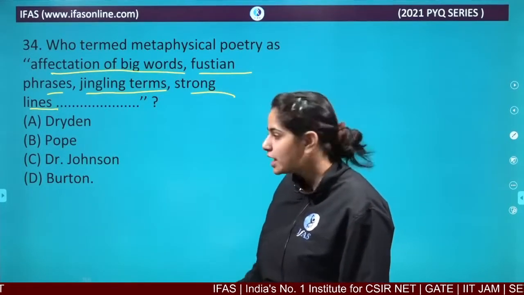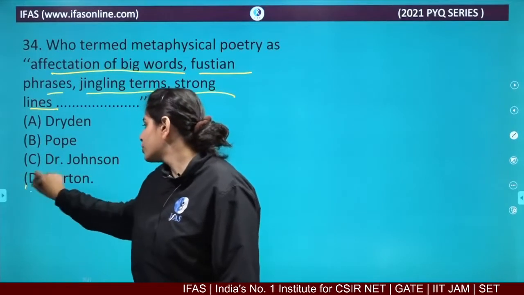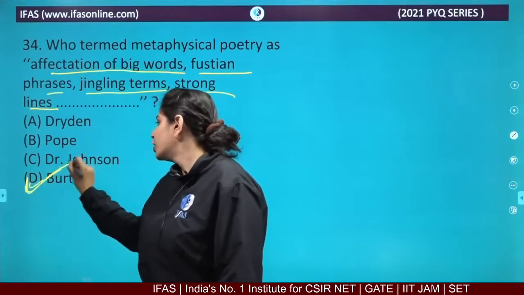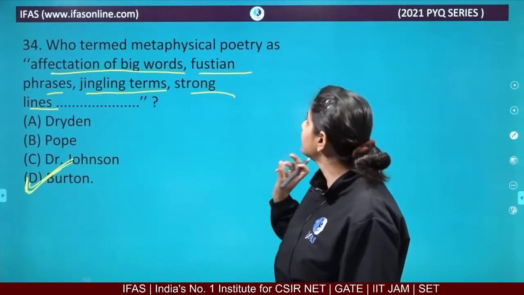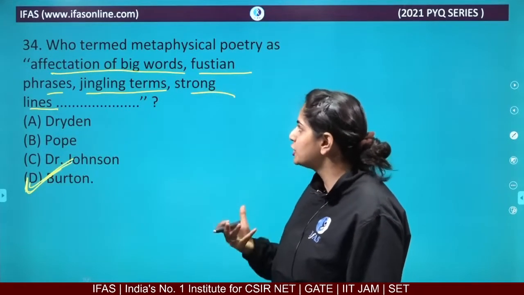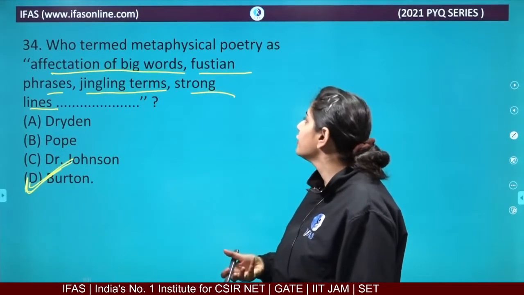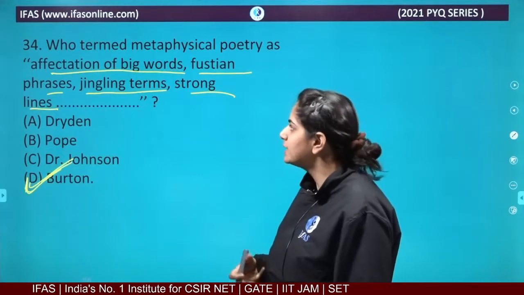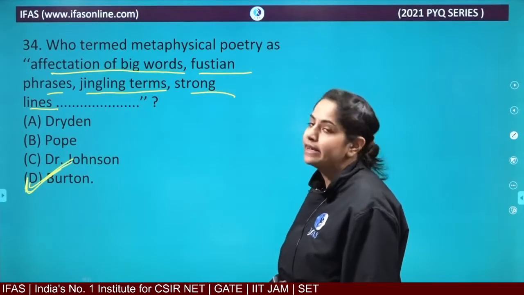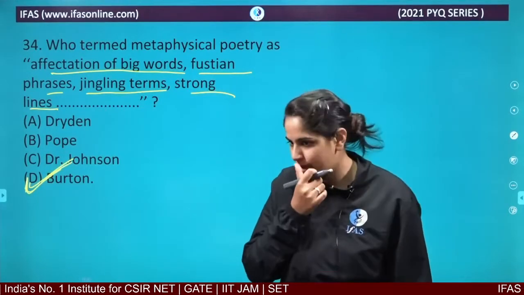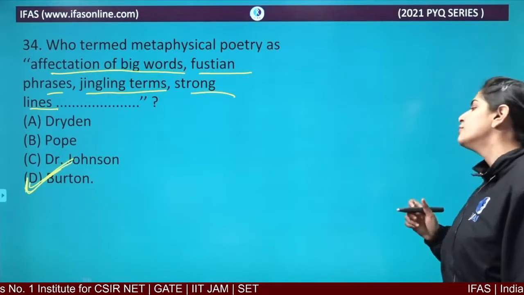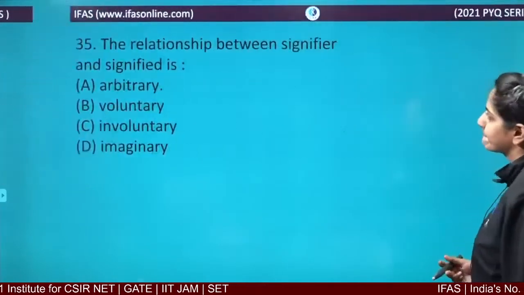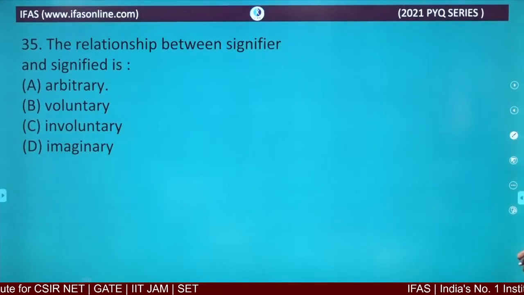Who said this? Buchon. Buchon was the person who said that metaphysical poetry is the affectation of big words, fustian phrases, jingling terms, and strong lines. So this was said by Buchon. Let's look at the next question.